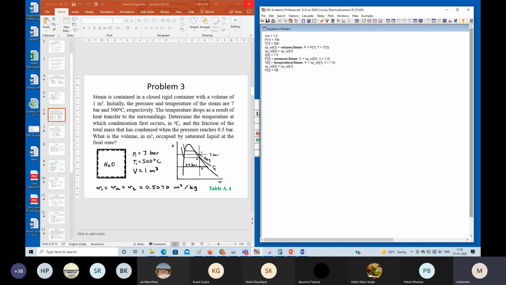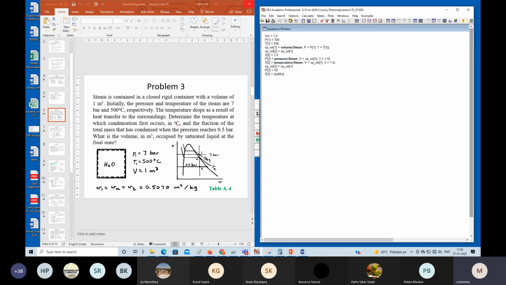Now we need to calculate the dryness fraction over here, the quality of the steam. X3 equal to quality. You have to write quality if you want to get the dryness fraction. This is the syntax: quality, pressure, temperature, simple, quality, nothing more. Even it is volume.